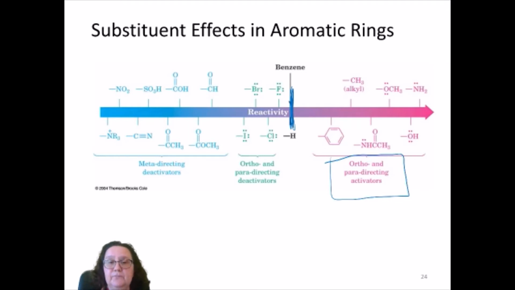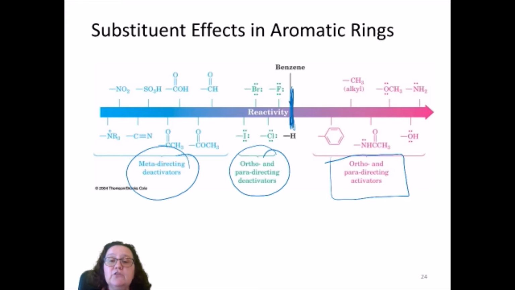You also have the deactivators, and those are benzene derivatives in which the reaction will happen with more difficulty, slower, than if you had a benzene ring on its own. And among those, the deactivators, you have the ones that favor a product that will appear in ortho and para position, and you have others that will favor that second substituent going into a meta position.